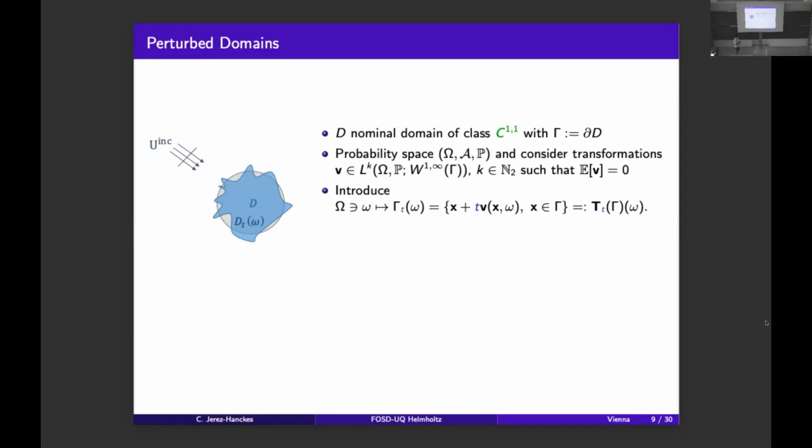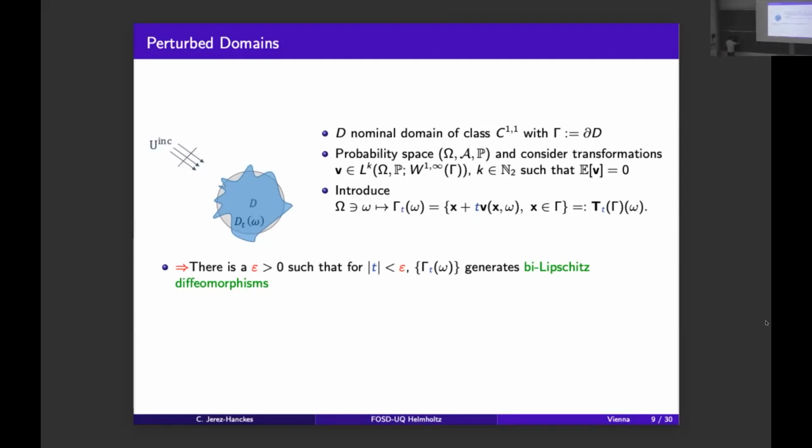Then you introduce this mapping that will shift the boundary from the nominal boundary to this perturbation on a parameter T. And then you can show that there is an epsilon larger than 0 for which, for each t, and maybe I should draw this, we have here, any perturbation in this area here, or this tube around your boundary, generates a bi-Lipschitz diffeomorphism.